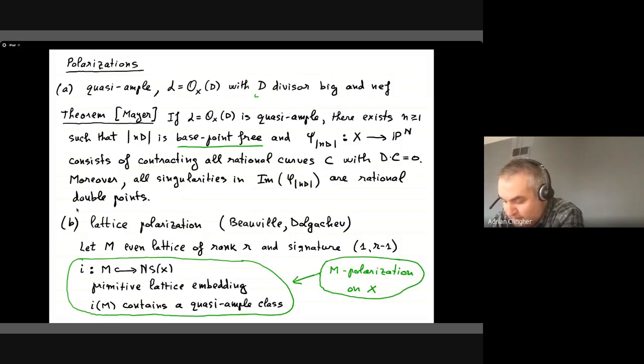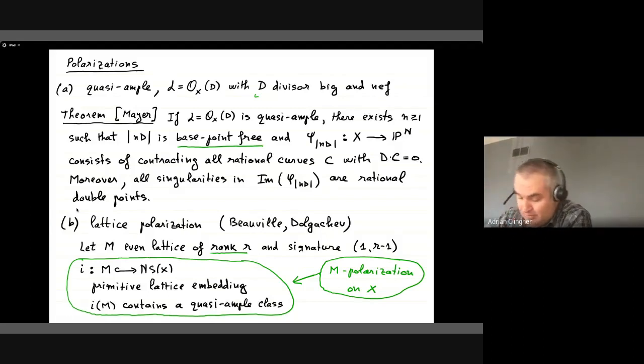So to have a formal definition, let's suppose that capital M is an even lattice of a given rank r and signature (1, r-1). Then an M-polarization on a K3 surface X is going to be an embedding i of this lattice into the Néron-Severi lattice of the surface.